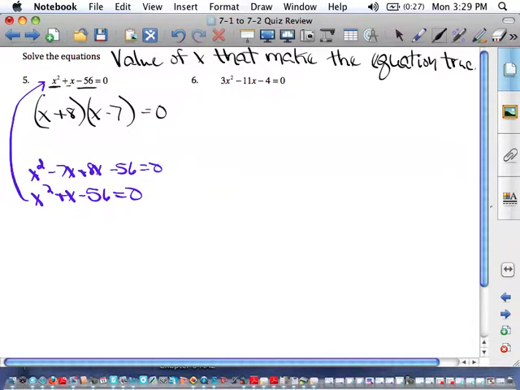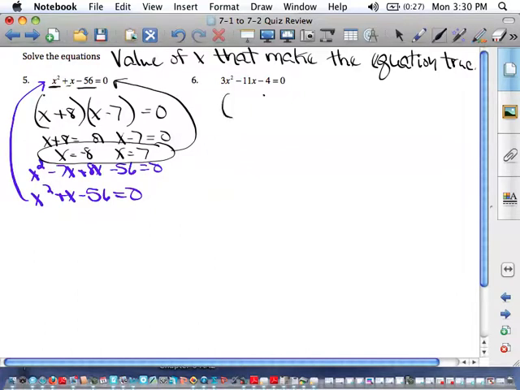Then you know that x plus 8 equals 0 or x minus 7 equals 0. So when x is equal to negative 8 or when x is equal to 7, those are the two values of x that would make this original equation true.